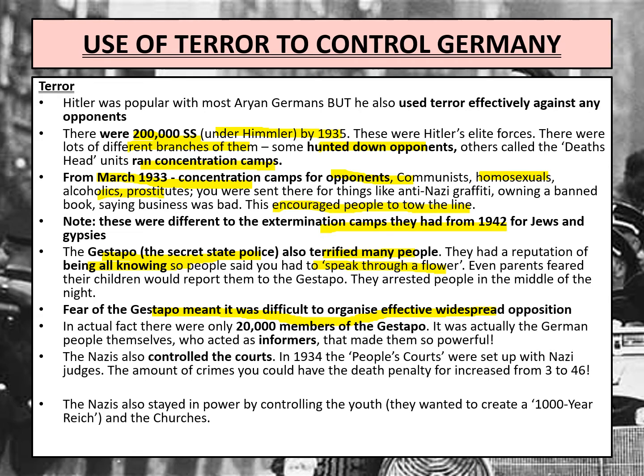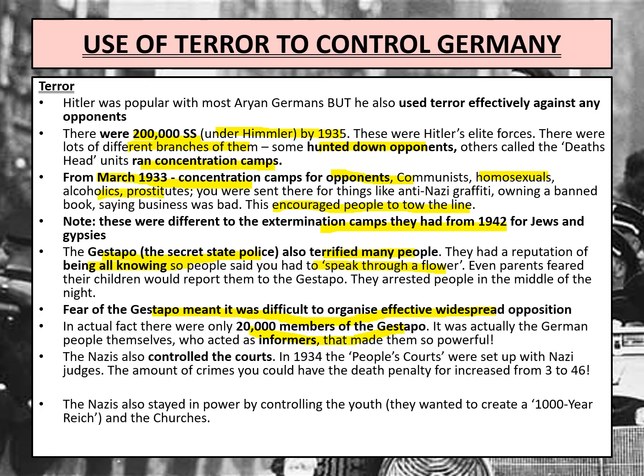Let's say I wanted to start an attempted revolution. Well, I'd need thousands upon thousands of people to join me. But every single time I tell somebody about that plan, I'm risking all of us being exposed and going to a concentration camp. So the Gestapo are incredibly important in helping the Nazis stop opposition. But in actual reality, there were only 20,000 members of the Gestapo, and at its height, it only had 30,000.